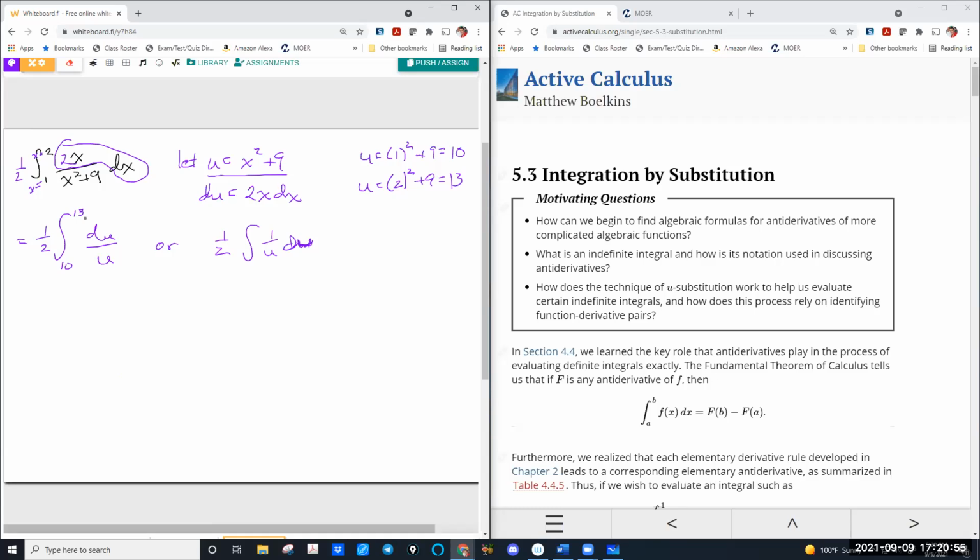The reason I like doing it this way is because now I'm just working from here on down. So this could be put into the graphing calculator, for instance, or I don't have to worry about substituting back, because I do see that mistake happen. Also, right now, u-substitution is going to be our focus.